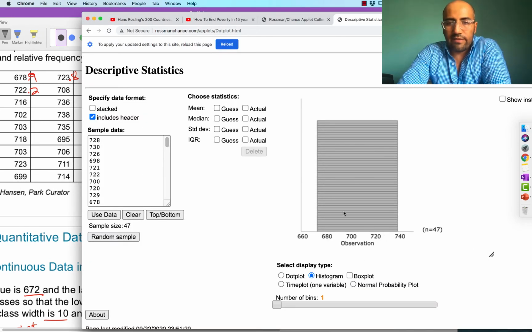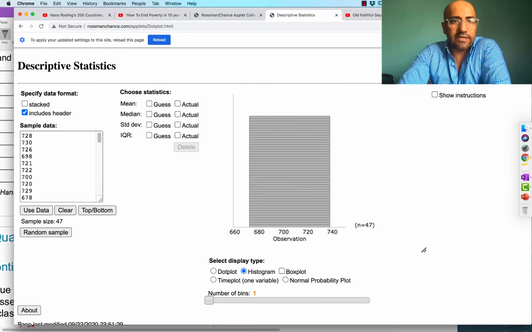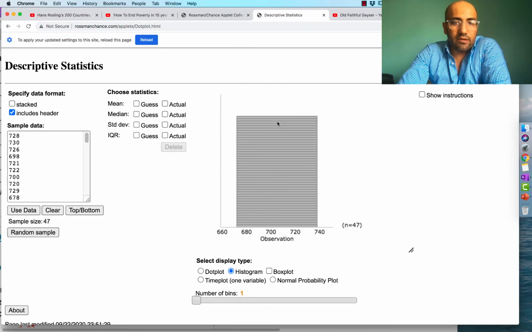So all values land there, just one giant rectangle that contains all the data. That's incredibly useless, right? Very little you can draw from there, except we can see that all of them land somewhere between these two values.